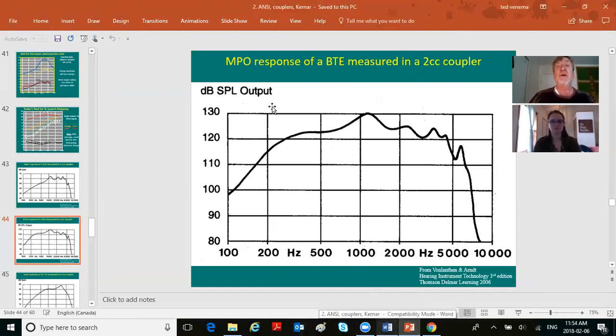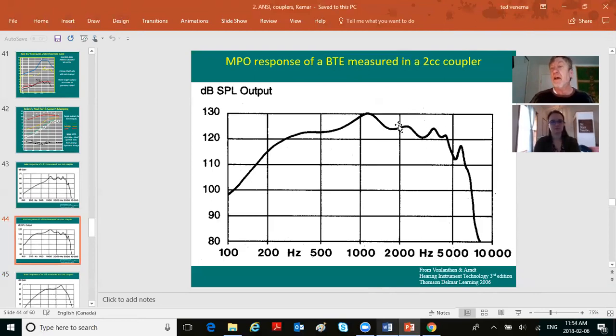This is just some maximum power output, or OSPL90, same thing, of a BTE measured in a 2cc coupler. You and I both know that in the real ear canal, we need to look at RECD. You'd have to add about 5 dB below 1,000 hertz, 10 dB above, and you'd get an idea of what that'll do in the real human ear, but nonetheless, this is ANSI.